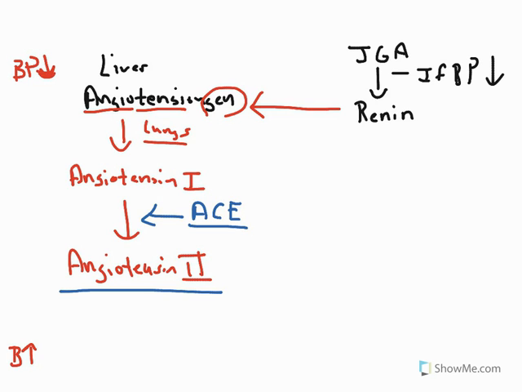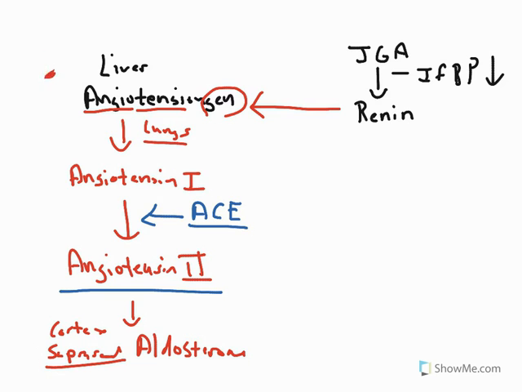Well, angiotensin-2 will go to the cortex of the adrenal gland, the suprarenal gland, the suprarenal cortex, and it will cause the release of a hormone called aldosterone. And aldosterone has some very important impacts. So we know right now that BP is low, and we know that we have released aldosterone.